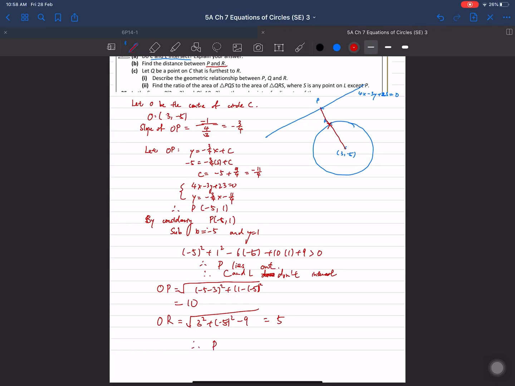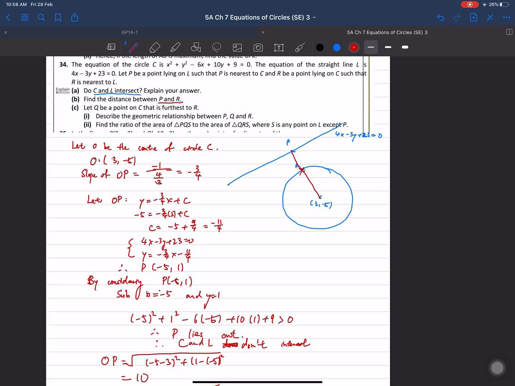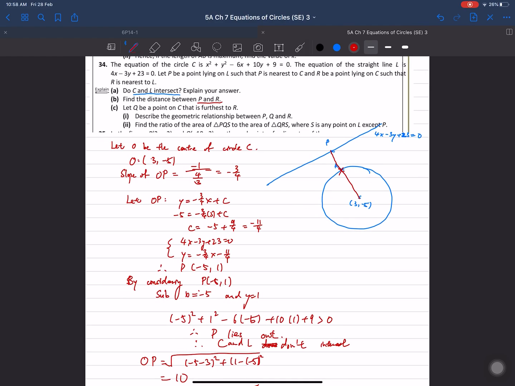So PR is equal to 10 minus 5. If Q is a point on the circle that is furthest from R, that means I know Q is here.